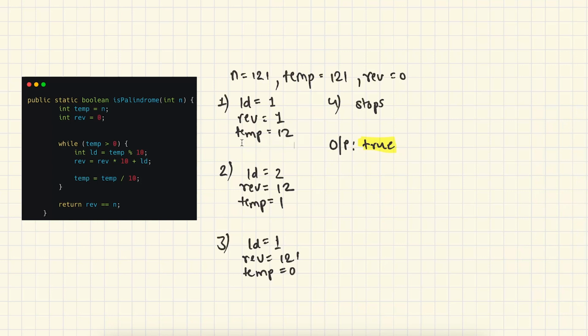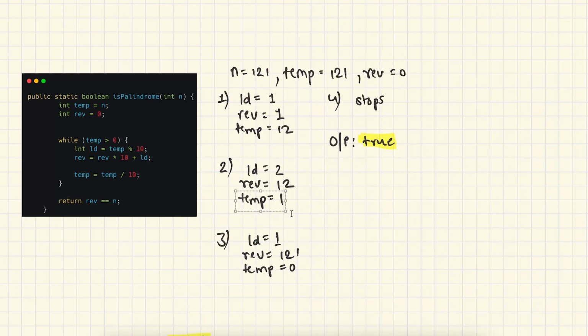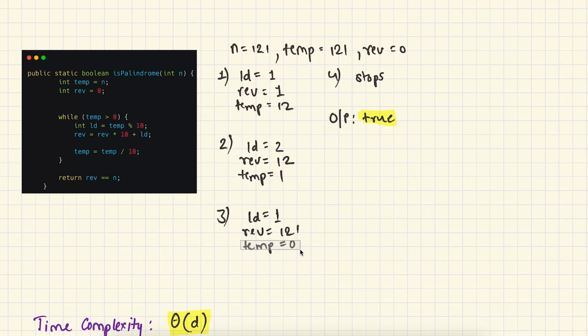Okay, in the next iteration, our last digit is going to be 2, and the reverse will be 1 into 10 plus 2, that is 12, and our temporary variable will become 1. In the next iteration, our last digit is going to be 1, we get our reverse as 121, and the temporary variable is going to be 0.